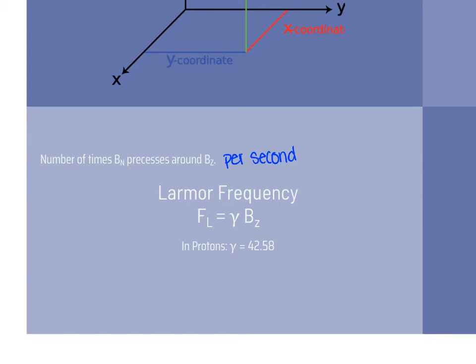And so there's a formula for the Larmor frequency, FL equals, this is a gamma symbol, but it represents the gyromagnetic ratio. So it's different in all different materials, but for protons, it's 42.58. And what that number means is just that the proton precesses or spins around BZ 42.58 times per second.